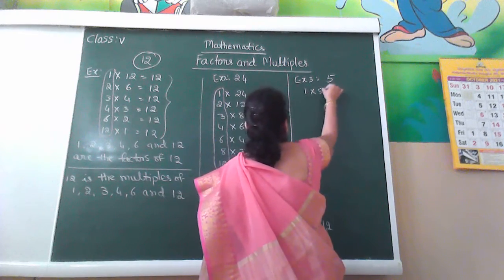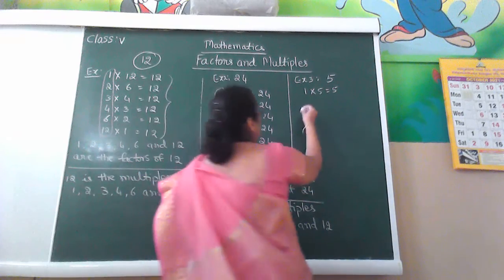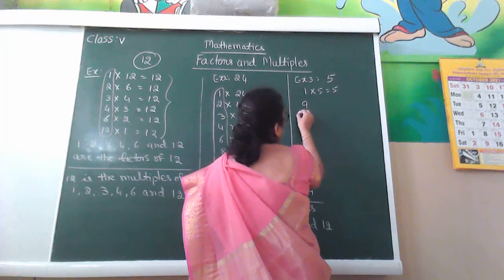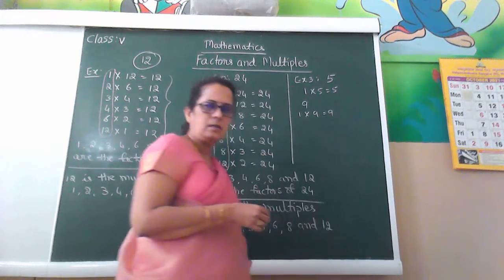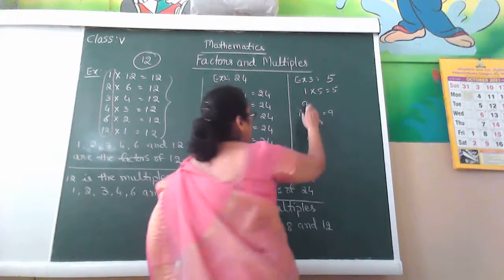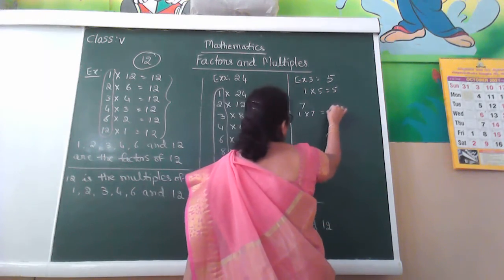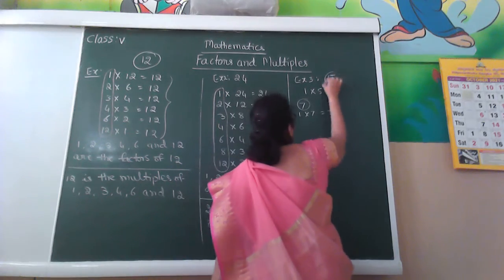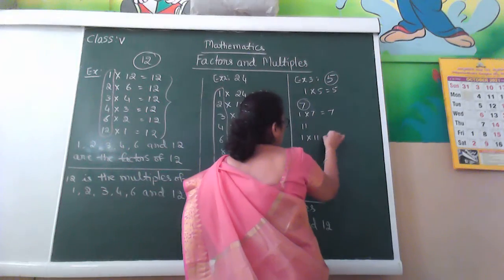1 5s are 5, only one number you get. Okay, if you take 9, 1 9s are 9. If I take 11, 1 11s are 11.